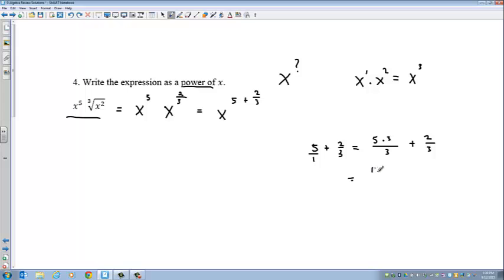And so this is 15 over 3 plus 2/3. Remember, this number is still 5. 15 divided by 3 is 5. So you haven't changed the number, you just changed the way it looks. So if you have 15/3 plus 2/3, your brain will automatically do this: 15/3 plus 2/3 is 17/3. It's like 15 apples plus 2 apples is 17 apples. And so my final answer is that this is equal to x to the 17 divided by 3.